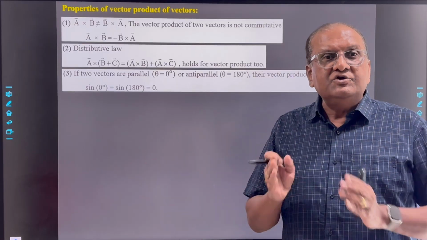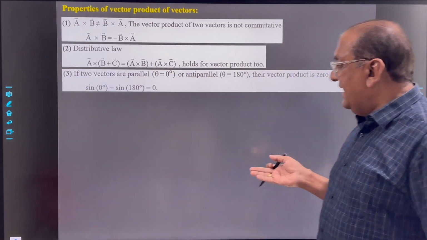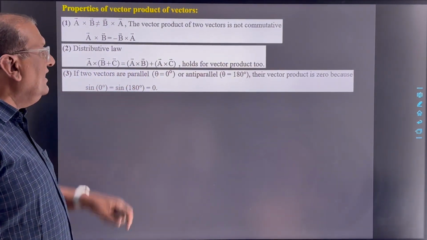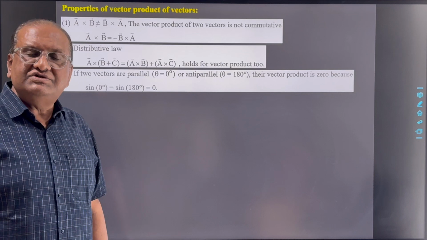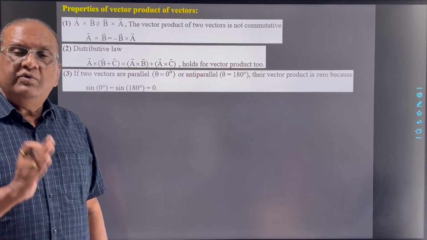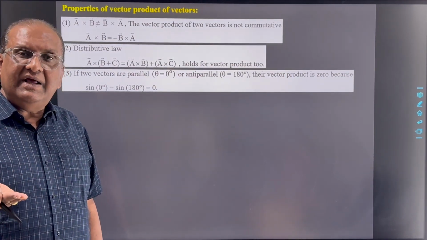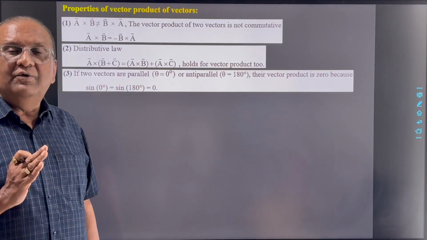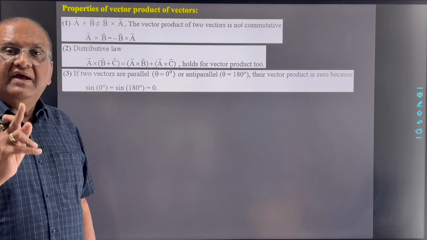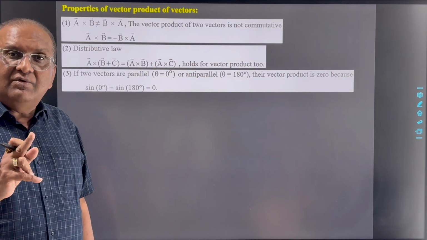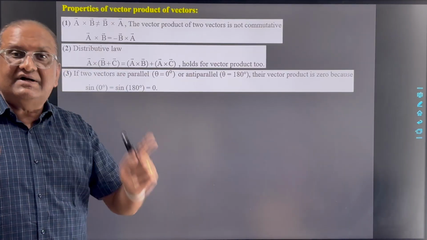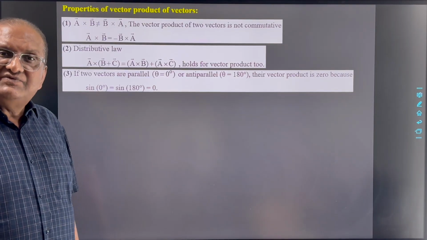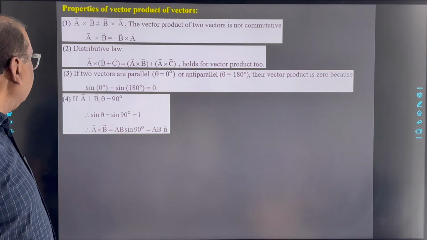And if two vectors are anti-parallel, then also sine theta is sine 180, which is equal to 0. So if two vectors are parallel or anti-parallel, their cross product will always be 0. And remember this: when two vectors are perpendicular to each other, their dot product is 0. This is very important in problem solving as well as MCQ solving.